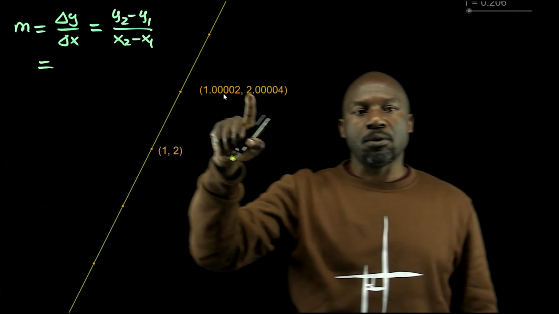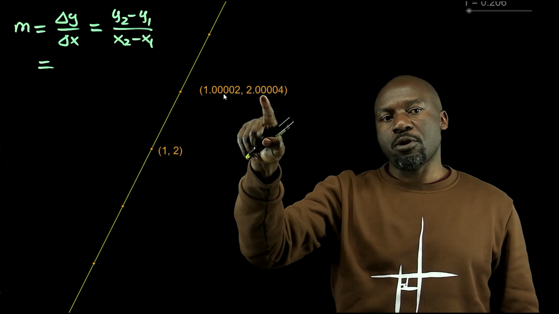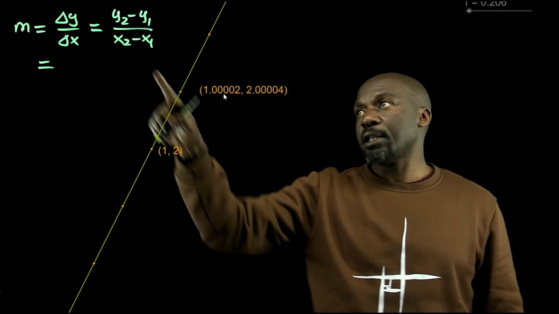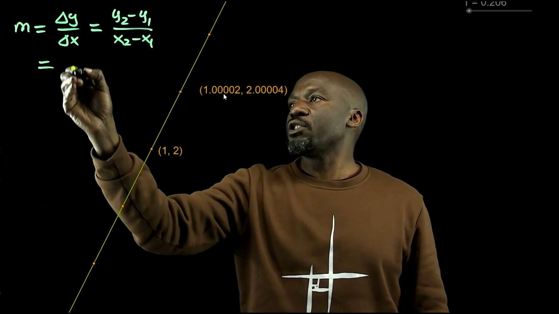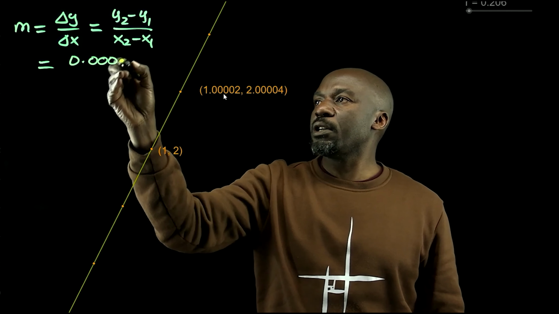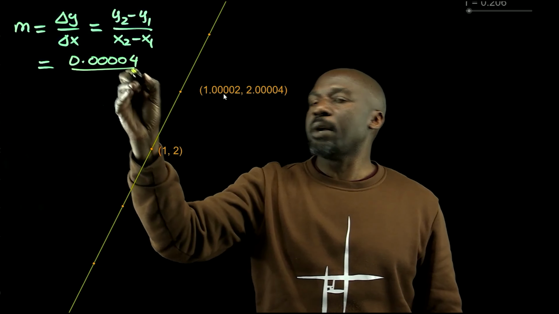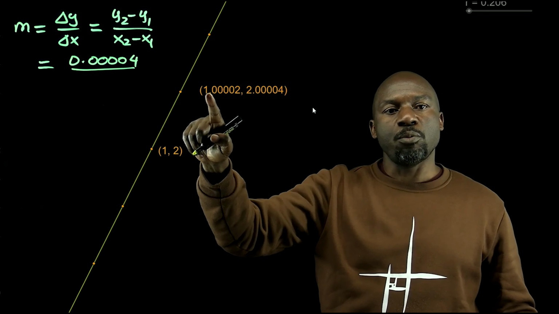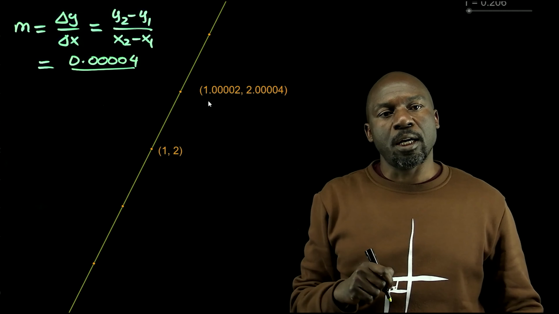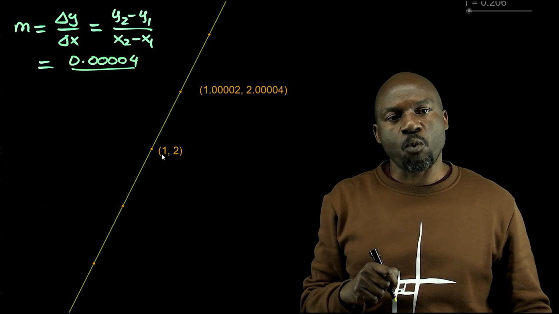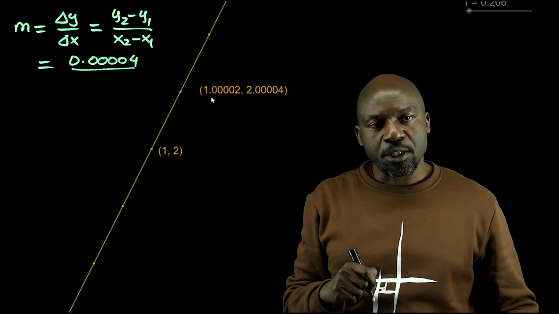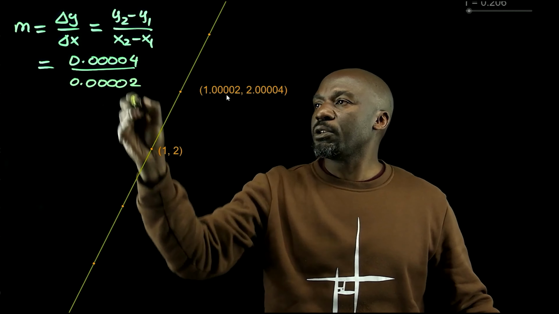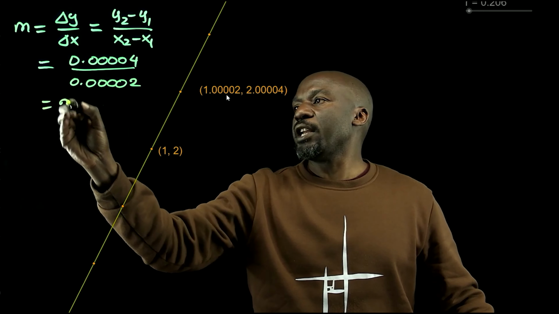Now if I look at this, y2 is 2.00004 and this is 2, so the difference, y2 minus y1, has to be 0.00004, divided by change in x, that is x2, which is this one here, minus x1, which is just 1. And if we subtract that, we can see that the difference is 0.00002. If we divide these two, we get that the gradient is 2.